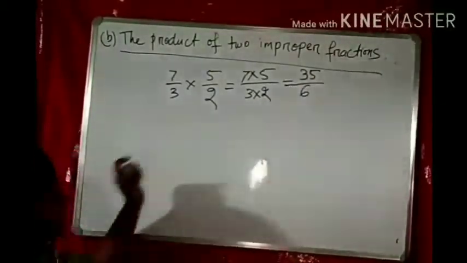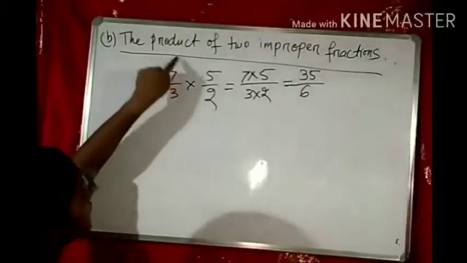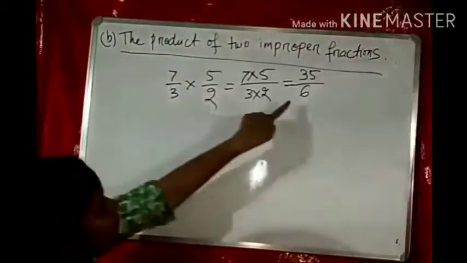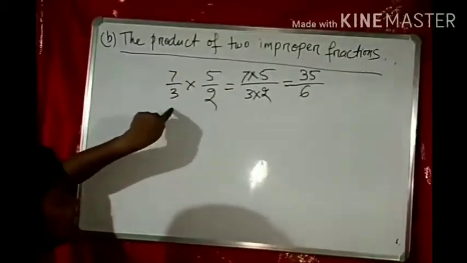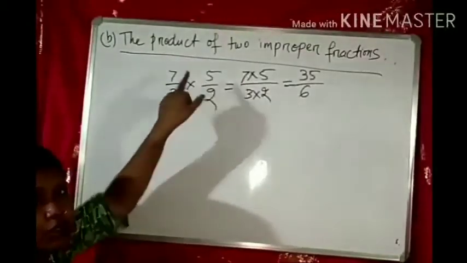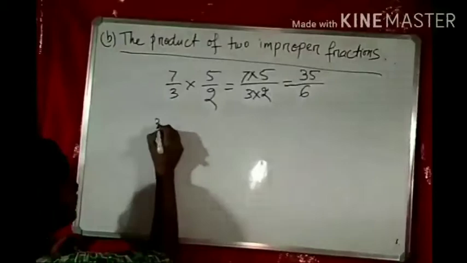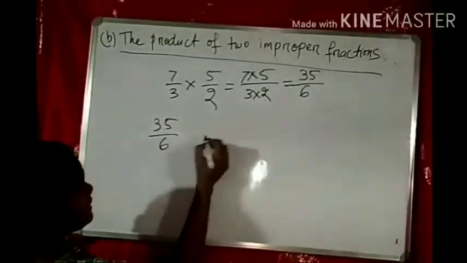So what are we getting? This product is greater than each fraction we have multiplied. So 35 by 6 is greater than 7 by 3. 35 by 6 is greater than 5 by 2. So let's check it. 35 by 6.